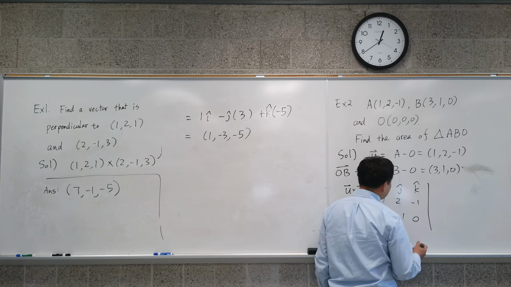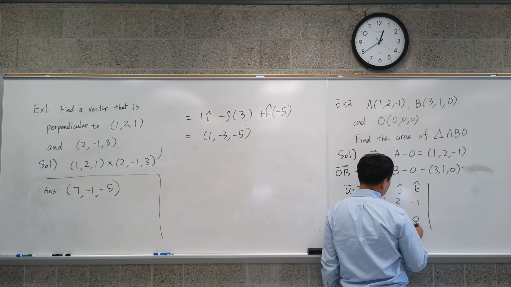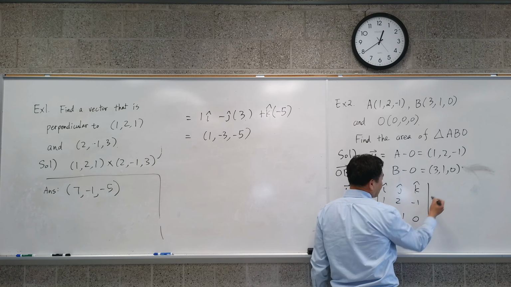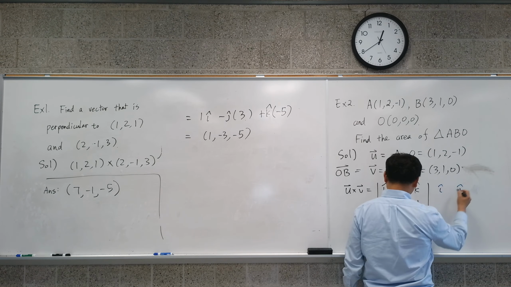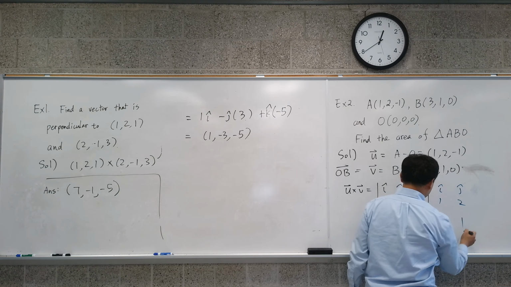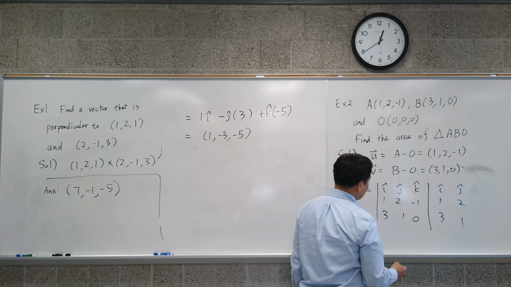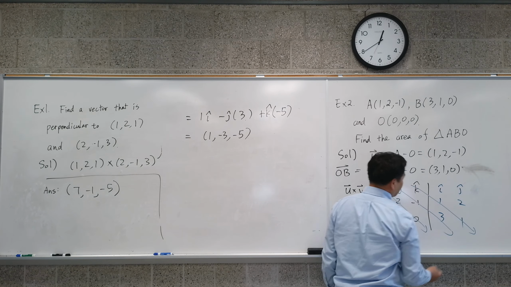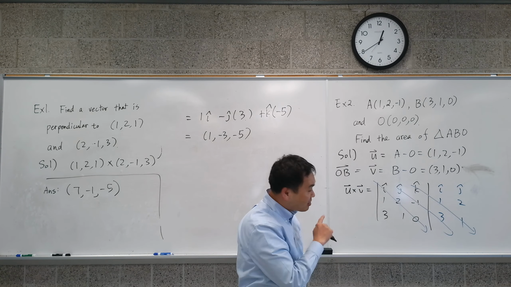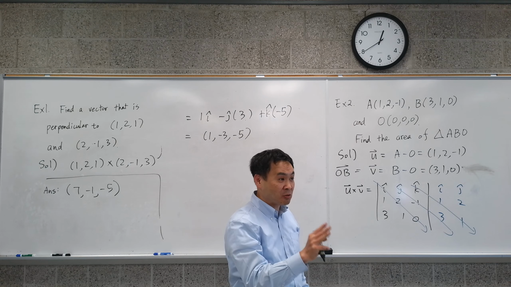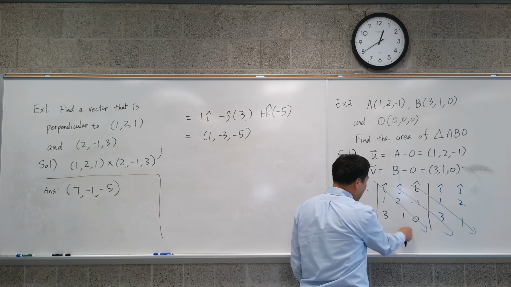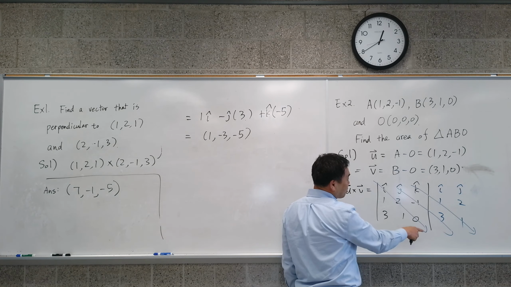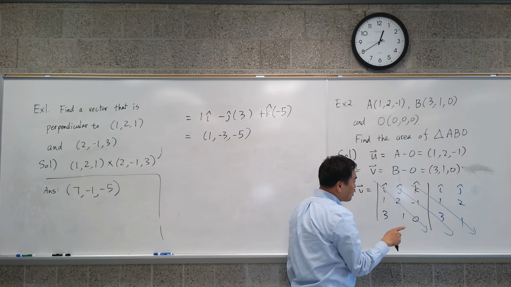There's one which says you copy the first 2 columns, like I, J, 1, 2, 3, 1, and then you only write the diagonals that go through triples.